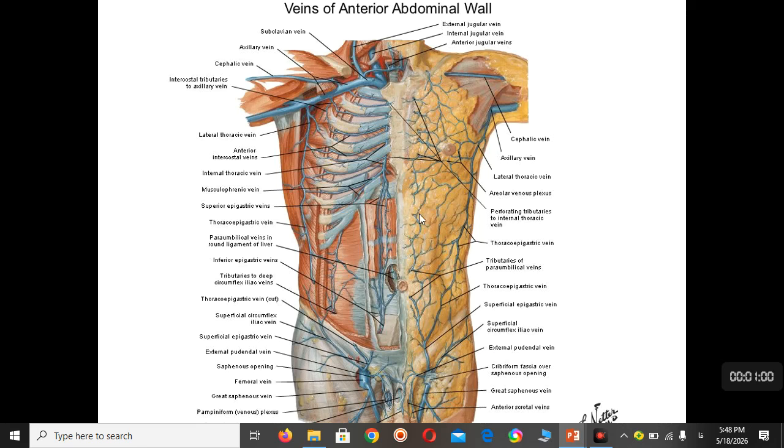You know, the abdomen is a large cavity that in the superior we have the diaphragm, and in the inferior the abdomen goes to the pelvis.